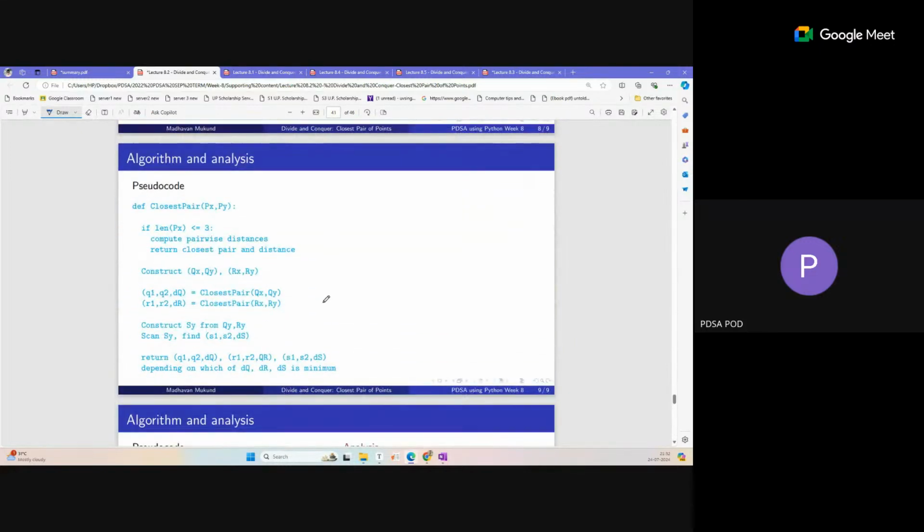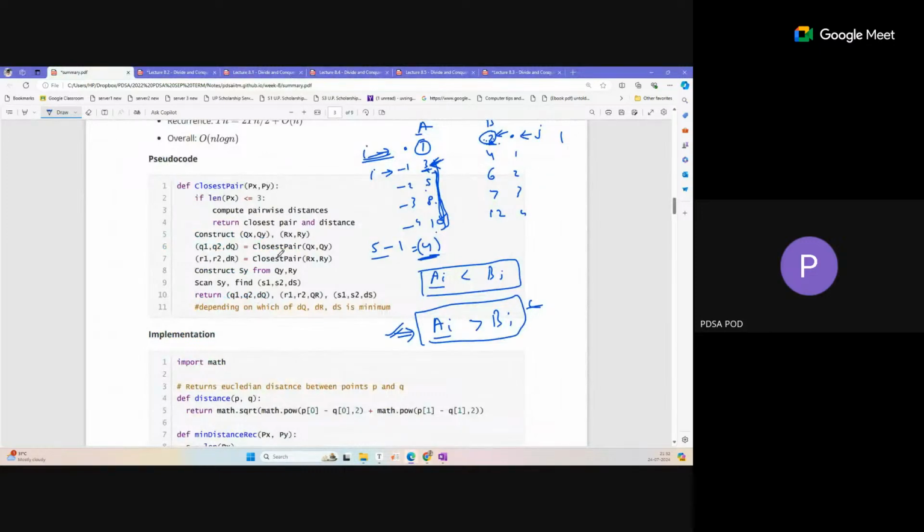Now what does the algorithm actually do? Here I'm just giving the code explanation. So this is the algorithm. If we have our points Px, what are Px and Py?